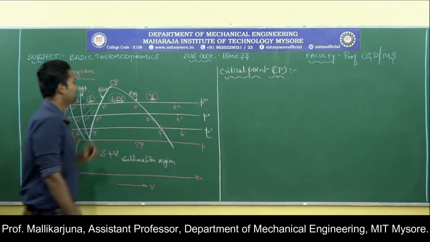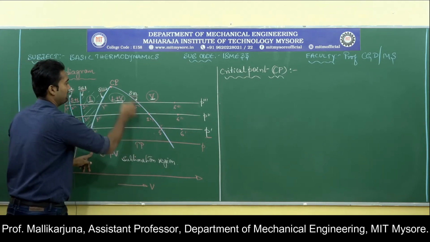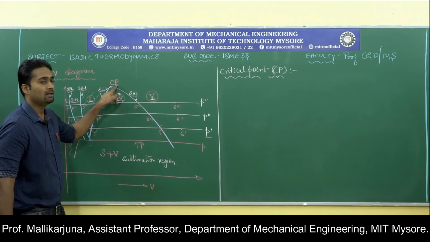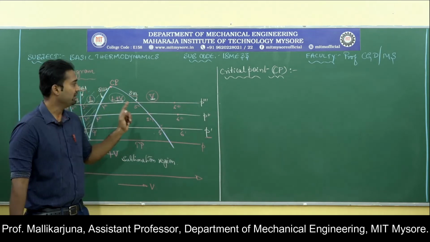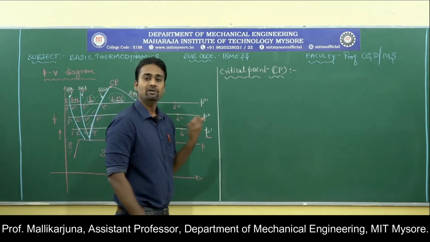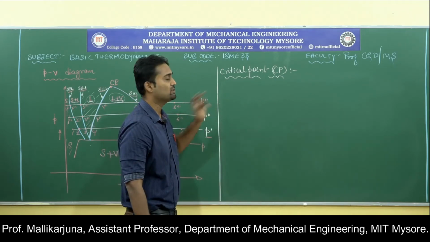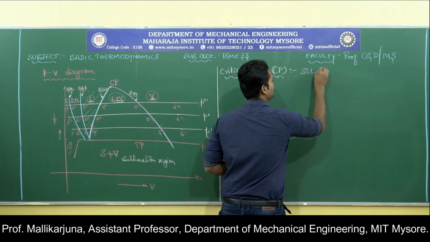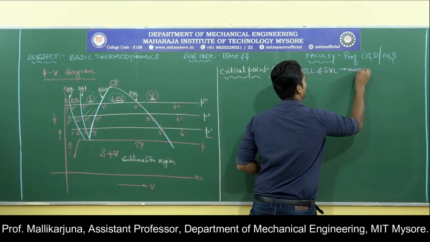If we clearly observe this sketch, the saturated liquid line and the saturated vapor line are merging at a single point. That particular point has been named the critical point. So the very first thing is the point at which the saturated liquid line and saturated vapor line merge.